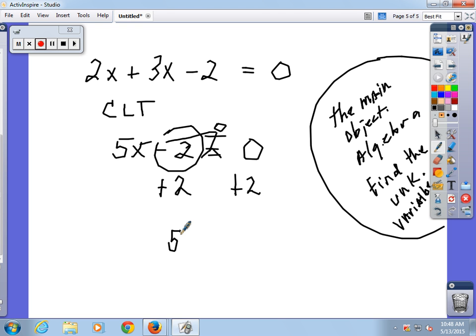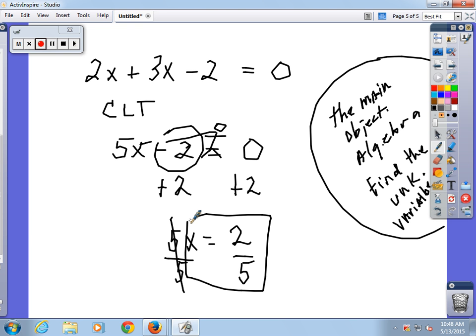When you get 5x is equal to 2, now what? Divide by 5. And we just solve: the unknown variable is 2 fifths. And that's an equation. Now, I've just covered everything that you need to know. What about all these big, nasty ones? Well, you apply the same principles. Let me give you an example.